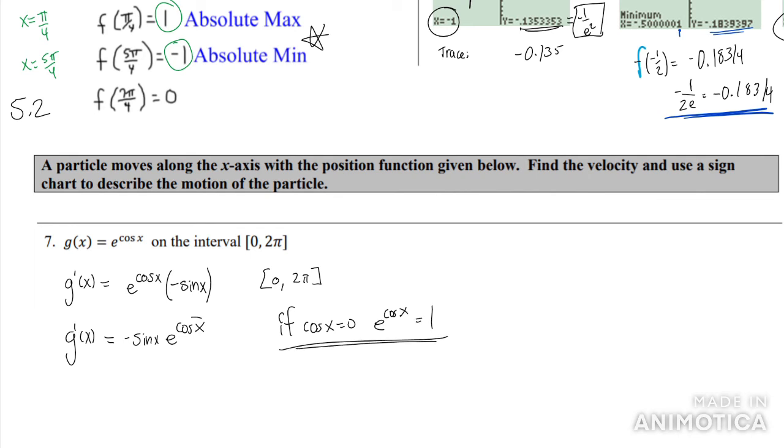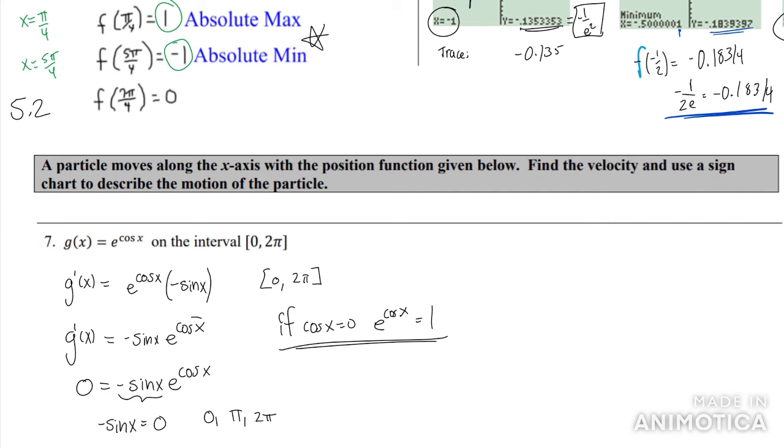This is one of the tricky points with our exponential functions: they don't ever equal 0. They will as they go to negative infinity, but cos x goes between -1 and 1. So if I set 0 equal to negative sine x e to the cosine x, I'm really only looking at when negative sine x is equal to 0. And on the interval 0 to 2 pi, this is going to be 0, pi, and 2 pi.